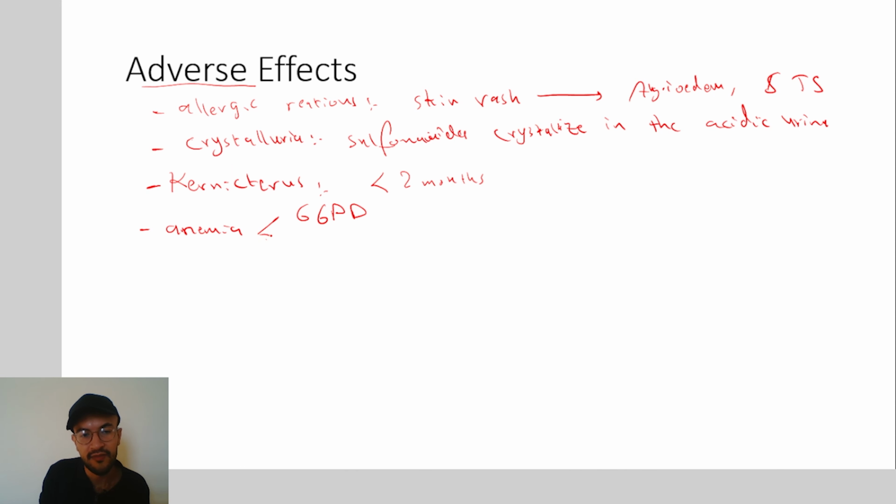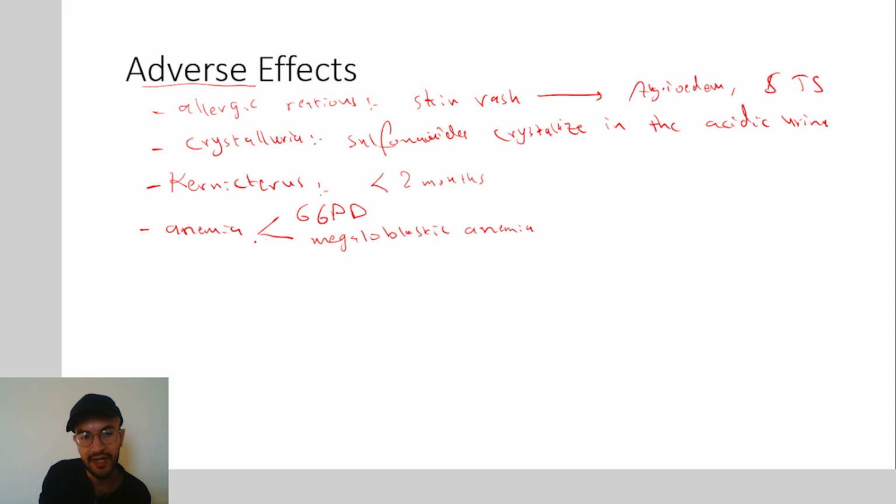The sulfonamides also cause megaloblastic anemia. That's because they inhibit folate synthesis, and this would lead to megaloblastic anemia with long-term use of the sulfonamides. So it is better to give folic acid with long-term use of the sulfonamides to compensate for that.